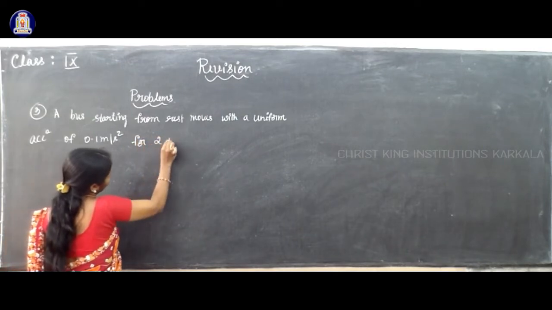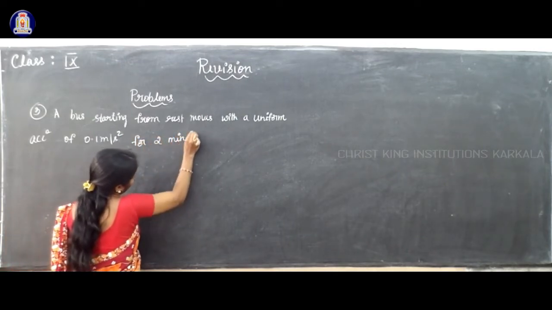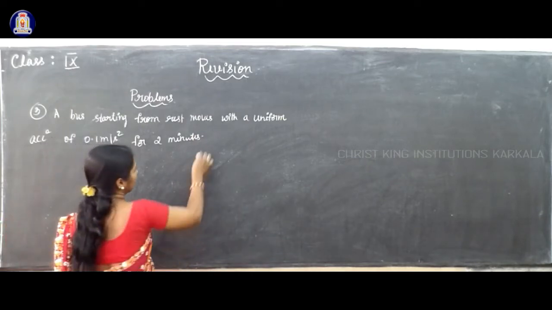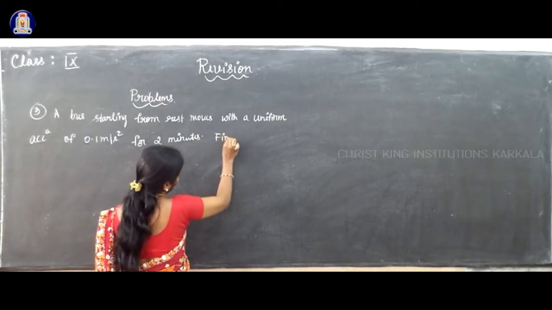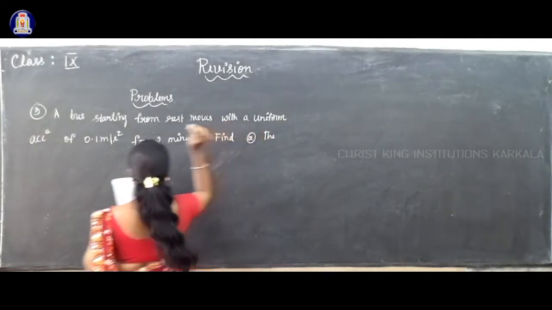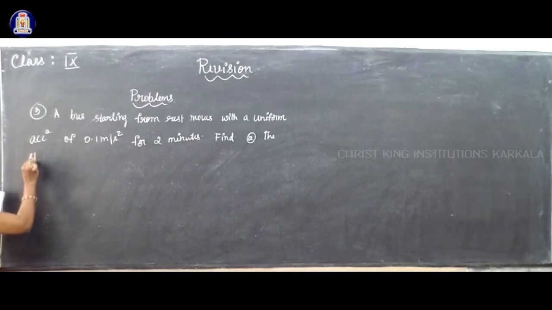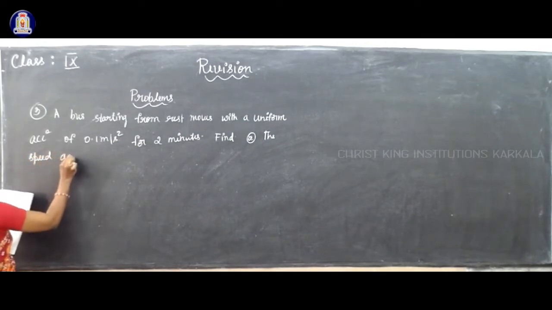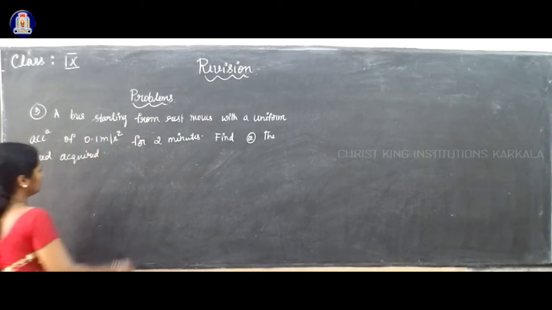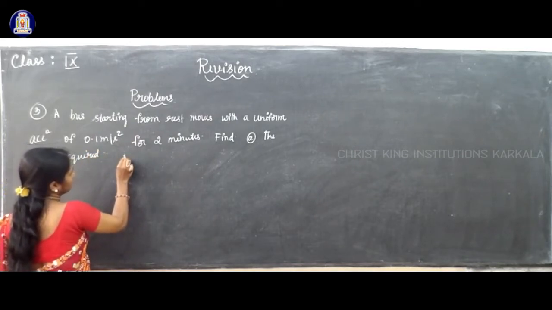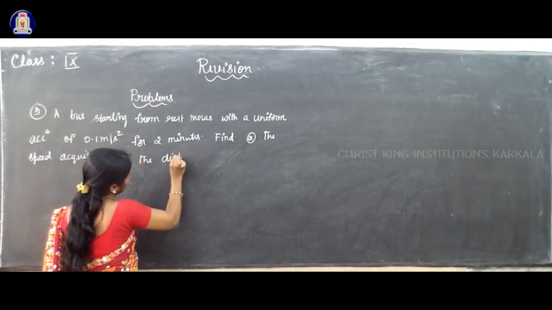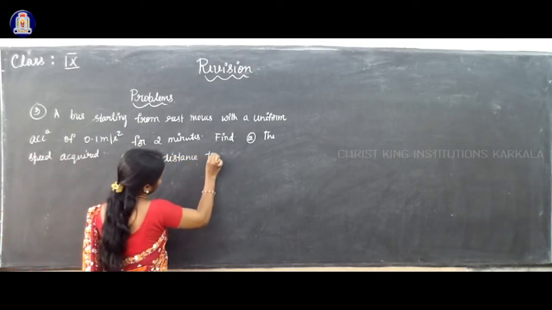Find, first question A, the speed acquired, and second question B, the distance traveled.